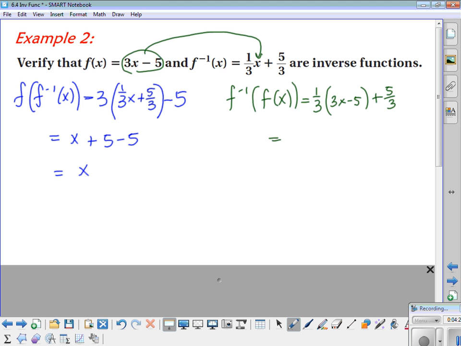And so if I distribute my 1/3, 1/3 of 3 is just 1, so I get x, and then minus 5/3 plus 5/3, and sure enough, that one works as well. Therefore, the functions are inverse functions.